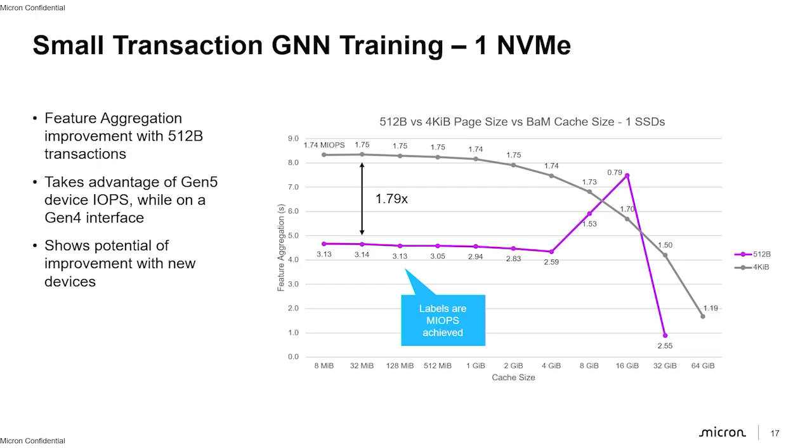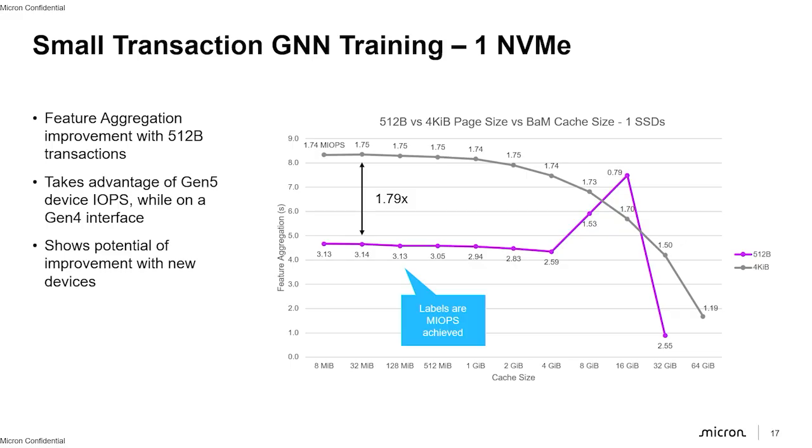On the left, we have the feature aggregation time, which is the y-axis, and across the bottom, we have the cache size. We can see performance improves as your cache size goes up. There are a couple outliers, but in reality, we expect those to follow the 4K graph.